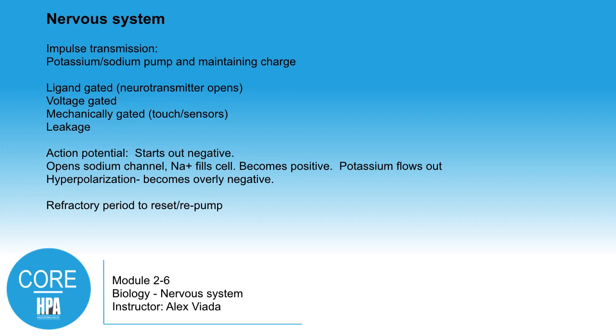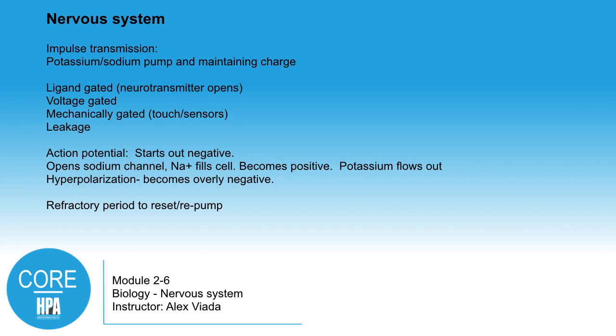So the inside of the cell starts out as negative, but all of a sudden all these positive ions start flowing in. Now, not only do they flow in to equalize the charge, but they flow in at such a rate that they actually cause the inside of the cell to become positive. At the same time, potassium is flowing out. Now, it's not enough to equalize the charge, but it's still to a certain extent. So what happens?